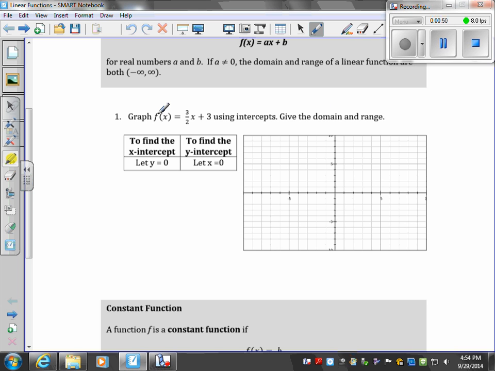Recall, f of x means the same thing as y equals, so say 0 is equal to 3 over 2x plus 3. I'm solving for x, so I subtract 3 from both sides. And that would give me this. Then to get x by itself, I can multiply by the reciprocal, which is 2 over 3. There's more than one way to do this, but times 2 over 3.